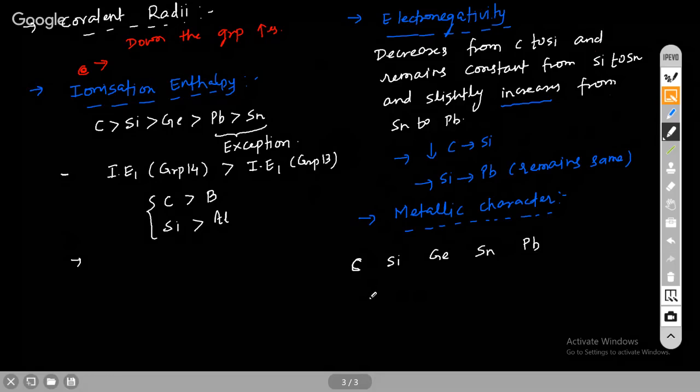Okay. Carbon and silicon are actually non-metals, right? Germanium is a metalloid, and tin and lead are metals, soft metals.